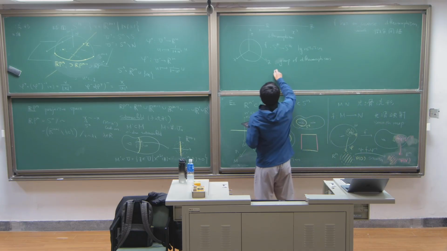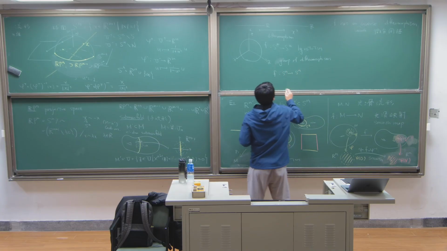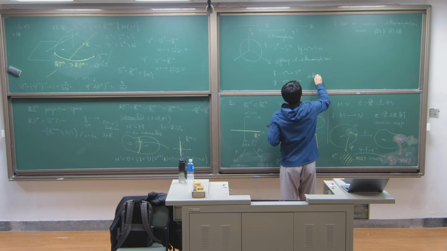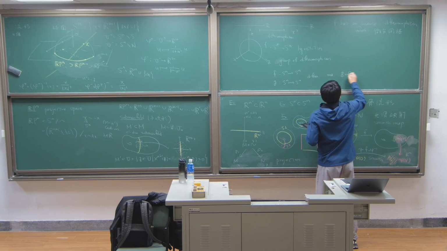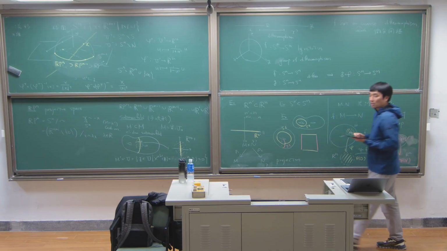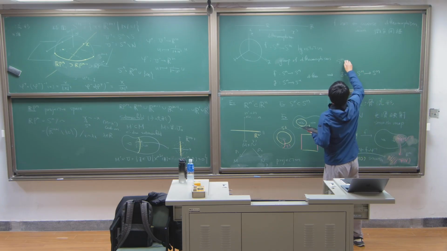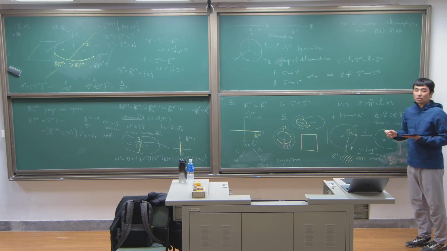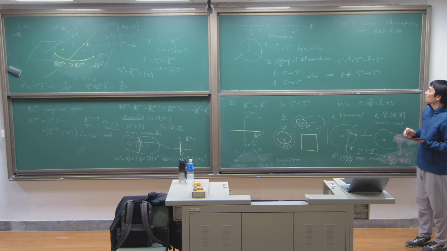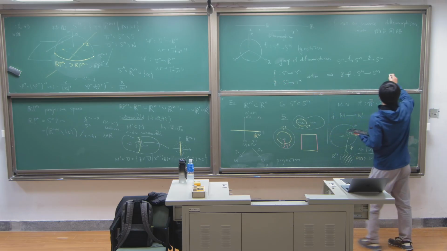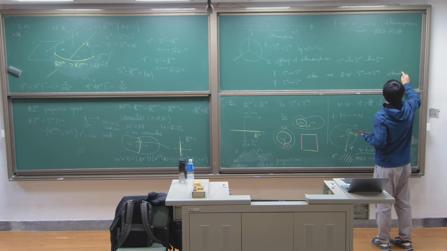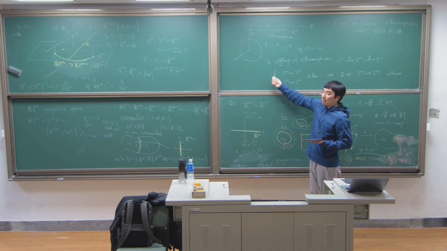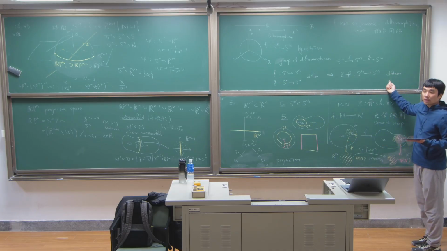So if F is a diffeomorphism from Sn to Sn, and G is a diffeomorphism from Sn to Sn, then the composition also gives you a diffeomorphism of Sn. So even if you multiply the maps, you get another diffeomorphism.